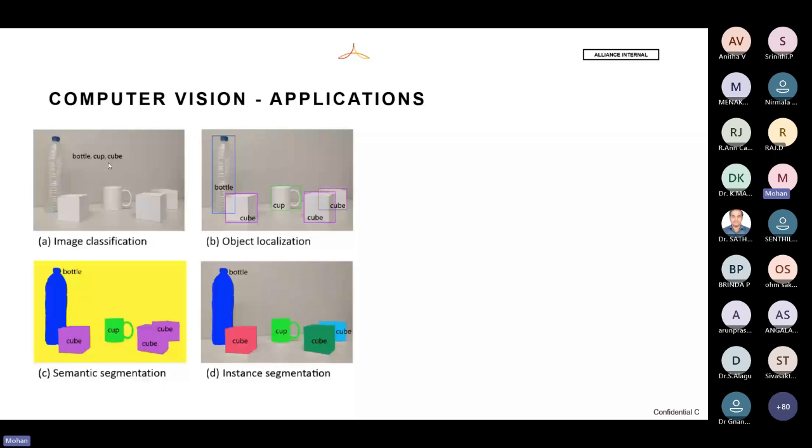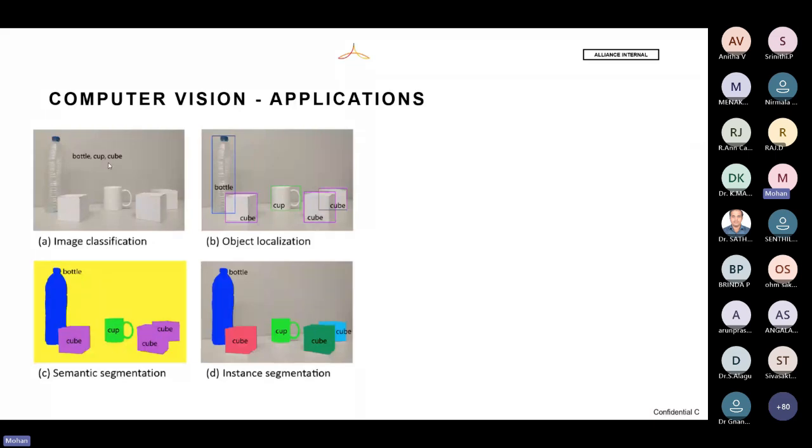But when you go with image classification, it gives you the categories of objects that are there, but not in which pixel regions the bottle, the cup or the cube is present. It does not give you the bounding box regions for each of the objects. For a classification, it works on the overall pixel area of the complete image, where the model will tell you this object belongs to X or Y or Z, right? But it does not tell you that this particular pixel coordinate is a cup or a bottle or the cube.